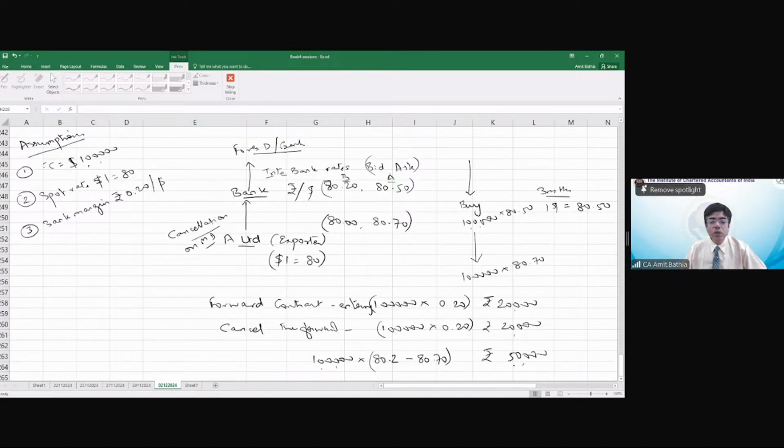This is the loss due to cancellation, right? So here again, total loss for you is 50,000. Out of this 50,000, remember 40,000 is already included or excluded.